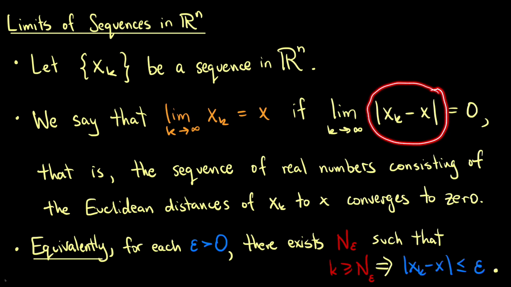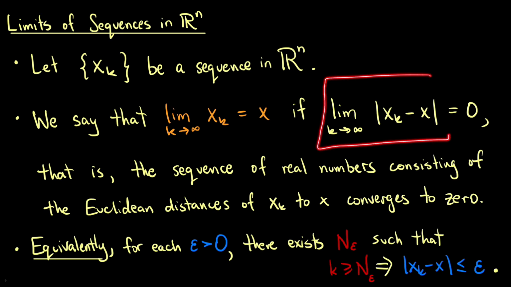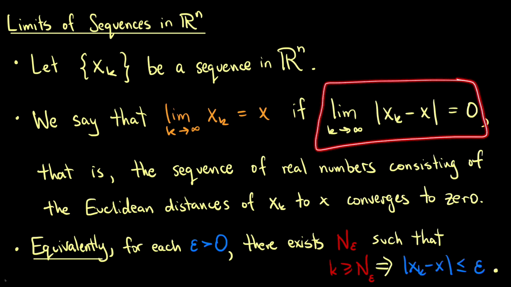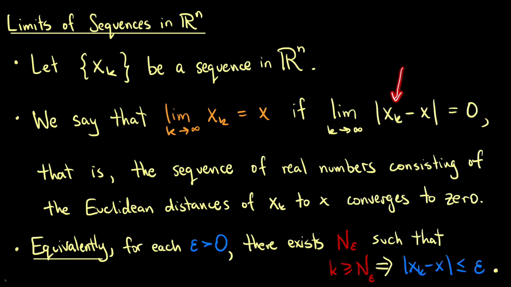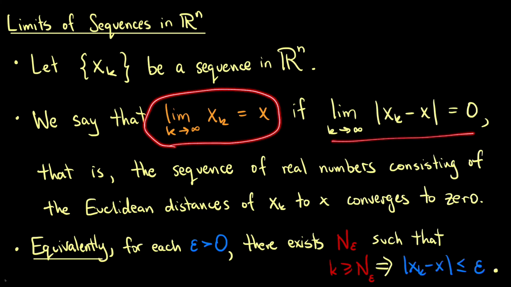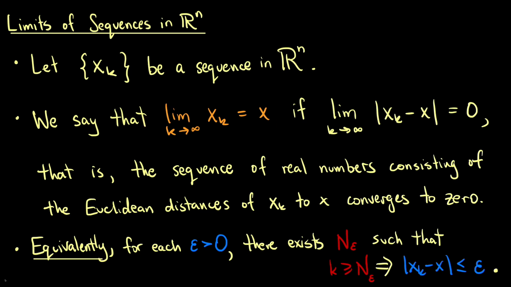It's a number that depends on k, so it's a sequence of just real numbers. And I'm assuming that you know what it means to take a limit of a sequence of real numbers. So if you know that, then you know what this means, even though there are vectors in Rn inside. And so I can use this to define the limit of elements in Rn. If this makes you happy, then you can just take this as your definition.